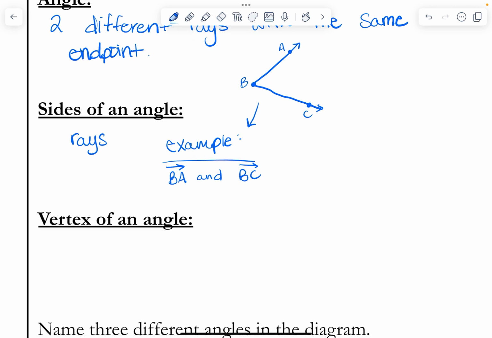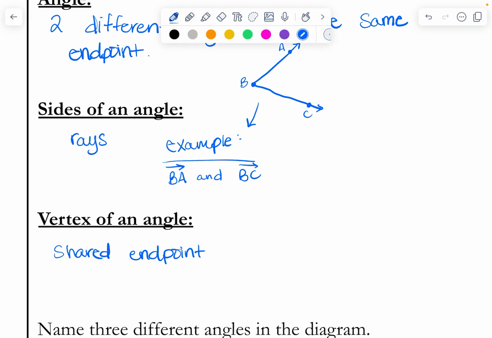And then the vertex of an angle is the shared endpoint between those two rays. So in this case, B would be our shared endpoint, because both ray BA and ray BC have B as an endpoint.